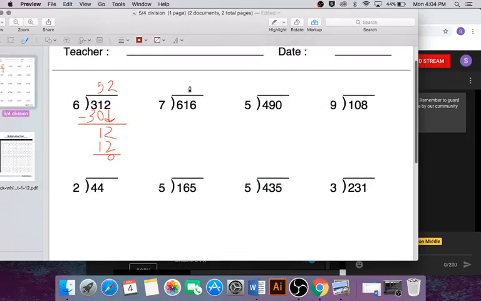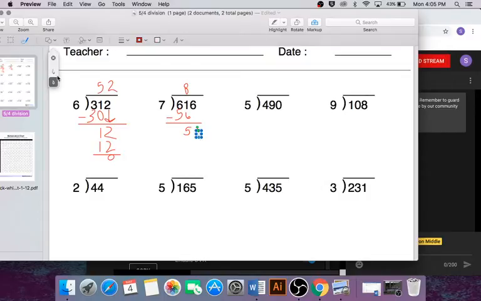So we're going to put our 8 up here above the 1. And we just said that 8 times 7 is 56, so we're going to put 56 underneath the 61. So 61 minus 56 is 5. And we bring down our 6. So we're going to put our 6 right here.